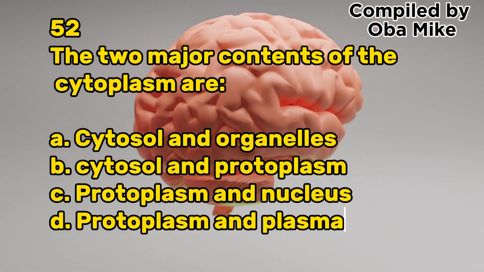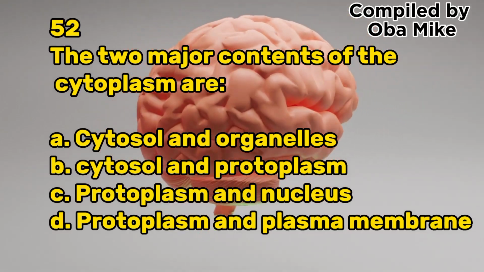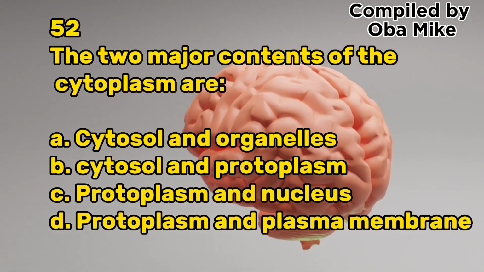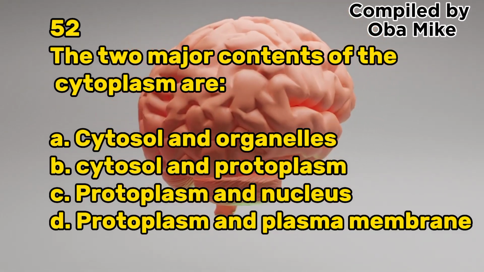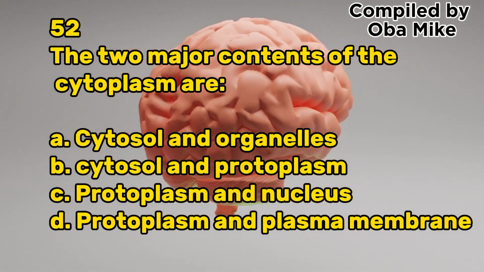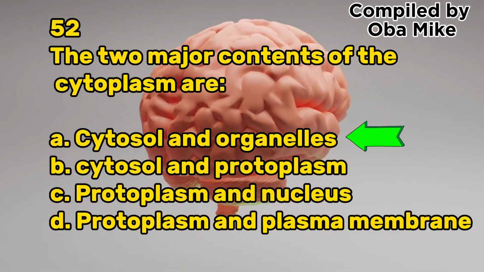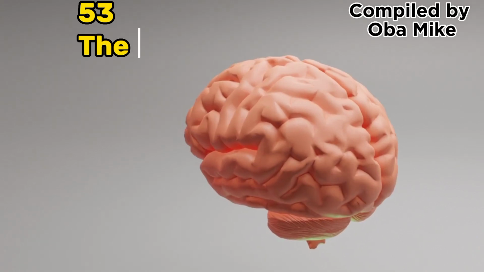52. The two major contents of the cytoplasm are A. Cytosol and organelles, B. Cytosol and protoplasm, C. Protoplasm and nucleus, D. Protoplasm and plasma membrane. 53.